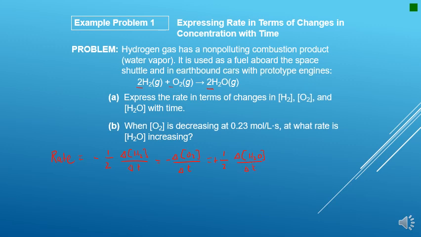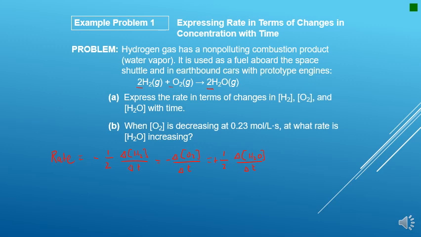So we can always look at this as our relationships between the three substances. I know that the hydrogen gas and the water vapor will decompose and form at the exact same rate, and the rate of consumption of oxygen will be 1/2 of that amount.